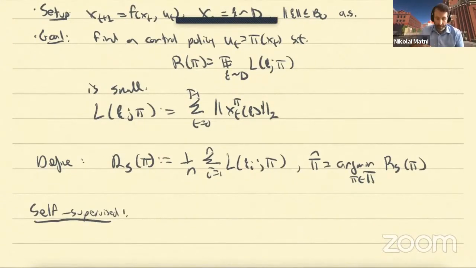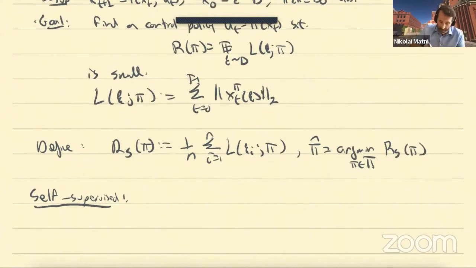So why am I calling this self-supervised? This is mostly just to make it sound fancier than it really is, but the idea here is that I'm given a bunch of initial conditions, and let's say some pi in the policy class.